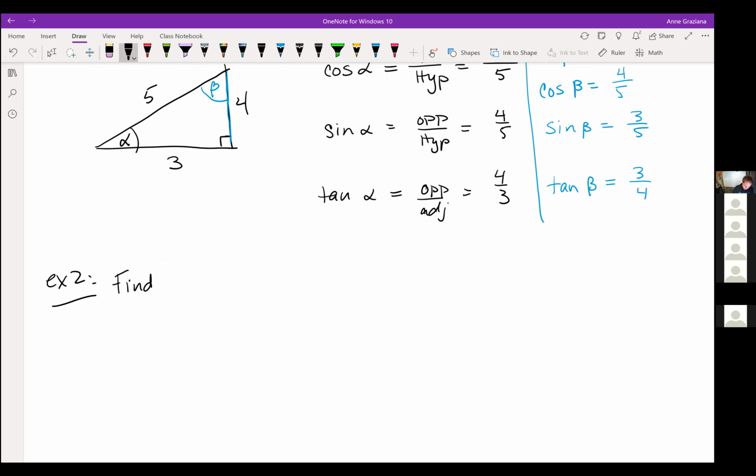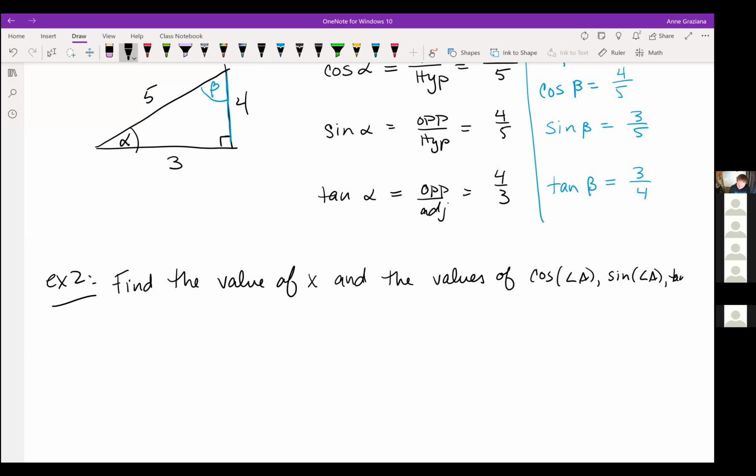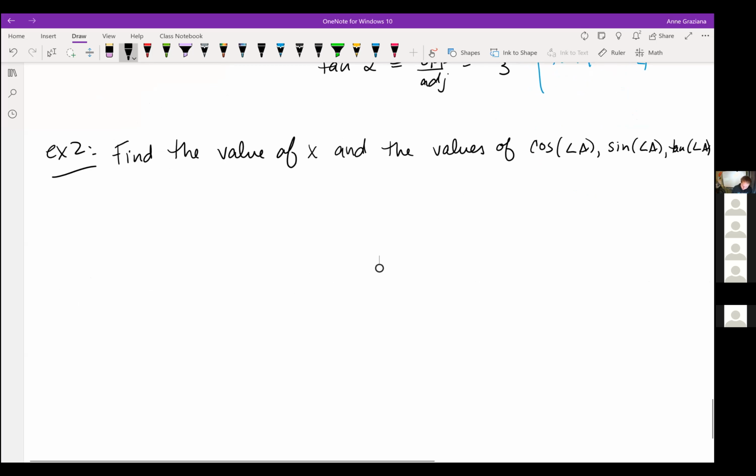Find the value of x and the values of cosine of angle A, sine of angle A, and then tangent of angle A. Okay, so here's my triangle. This is 7, 3, and x.